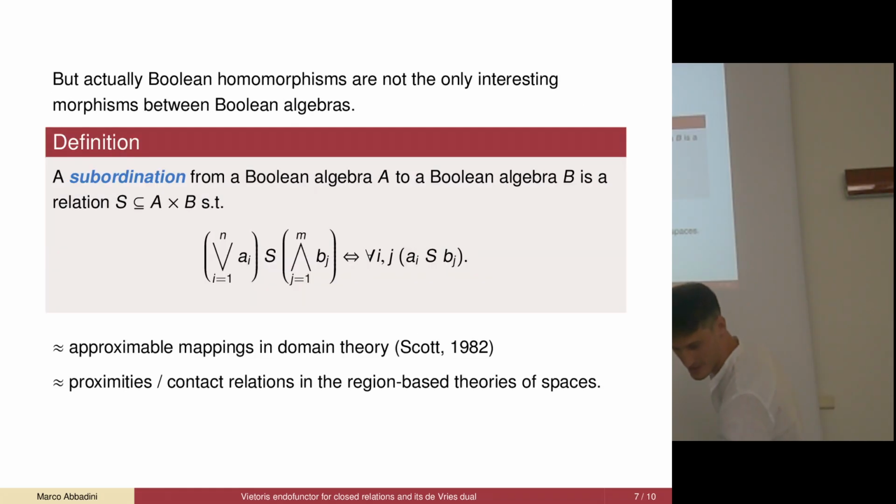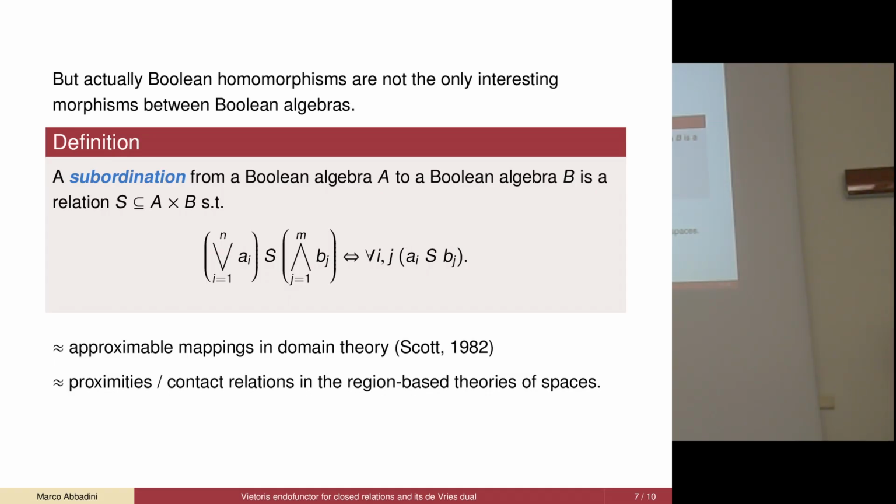Okay. And now we're heading towards our work. The fact is that Boolean homomorphisms are the main interesting morphisms, but not the only ones between Boolean algebras. So we also have this notion of subordination.